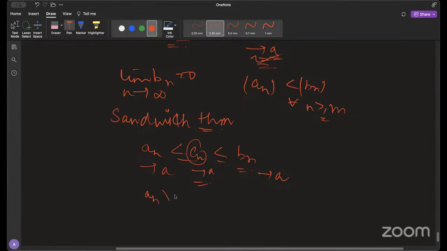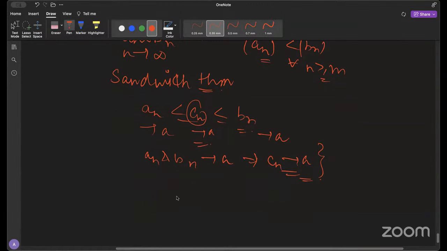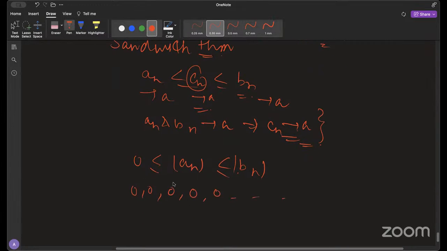If an and bn tend to a, this implies your cn tends to a. This is in the course, the sandwich theorem. So if you look at this, you'll have an and you'll have bn, and then you can have a 0 here. Is this fine? 0 is also a sequence, right? Let's just have this here.